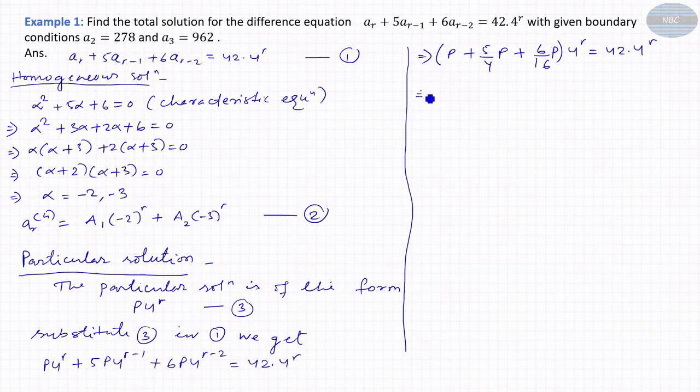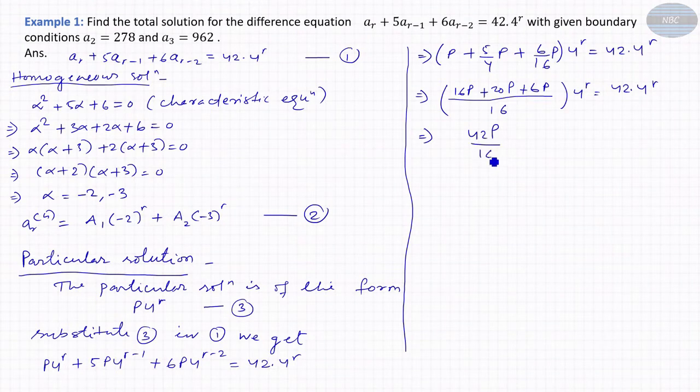Okay, so we can take 16 as LCM here, so it is 16p plus 20p plus 6p into 4 to the power r is equal to 42 into 4 to the power r. This implies we have 42p, numerator, divided by 16 into 4 to the power r is equal to 42 into 4 to the power r.